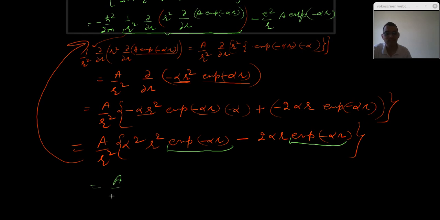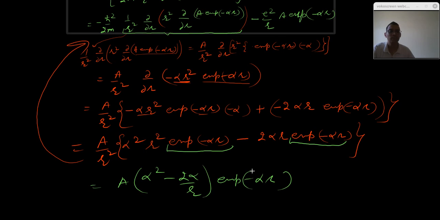If I take it outside, it will become A upon r square, and let us multiply it with this part. The r square will cancel out, so it is A alpha square, and here it is minus 2 alpha upon r, because it gets multiplied here, and exponential of minus alpha r can be taken outside.